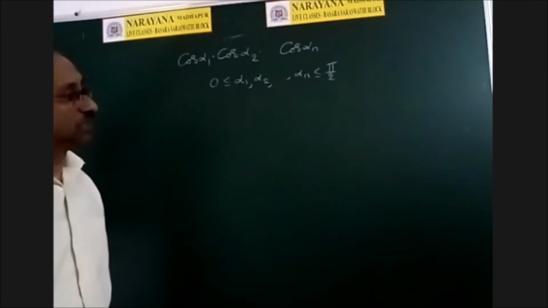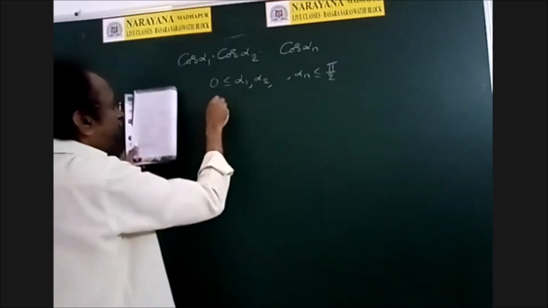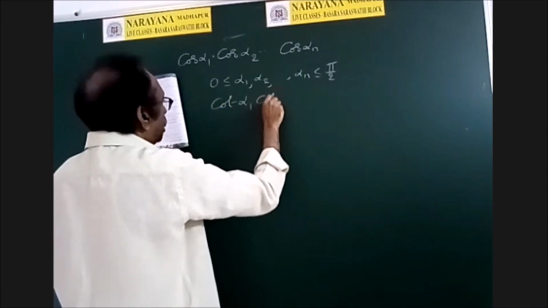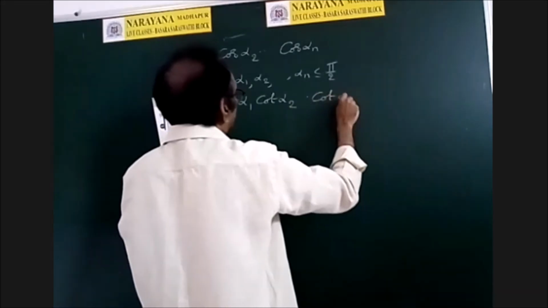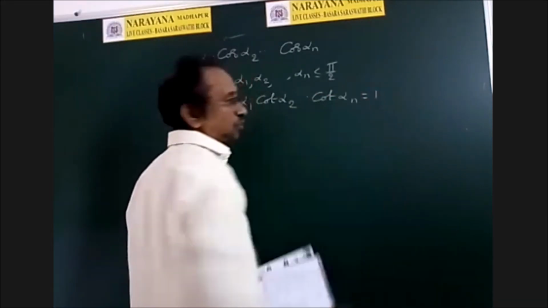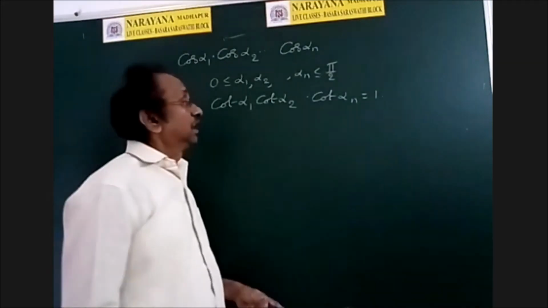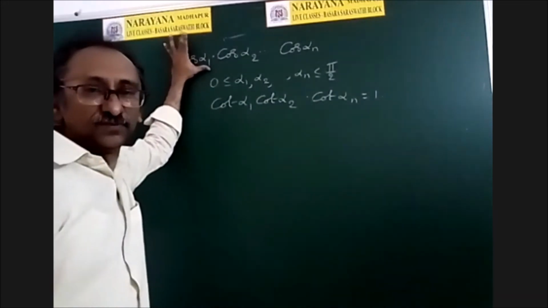So they lie in the first quadrant only. Then, not only that, another information is given: cot alpha 1, cot alpha 2, so on cot alpha n is equal to 1. So that is the information given. And the question is, what is the maximum value of this one?